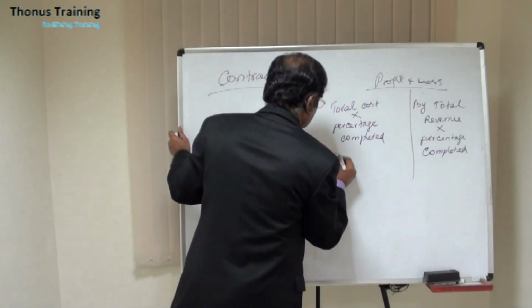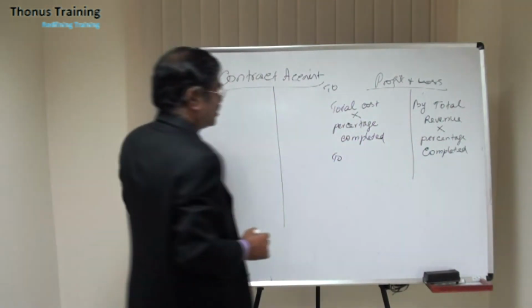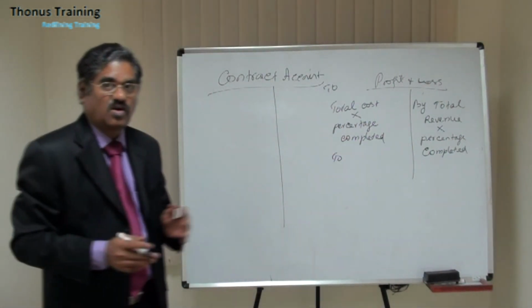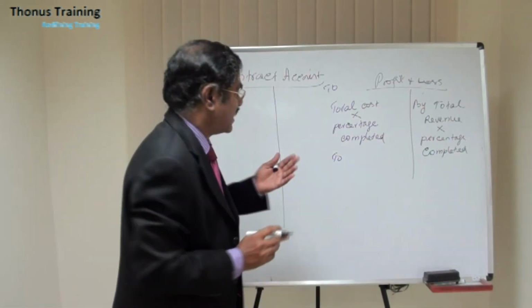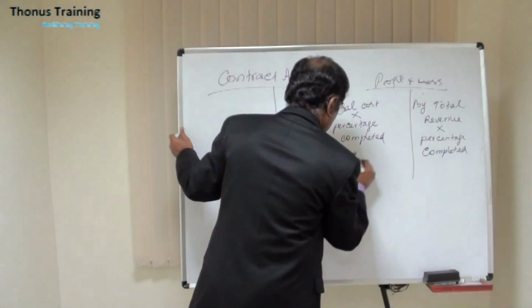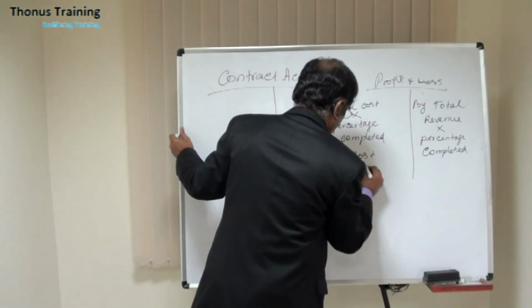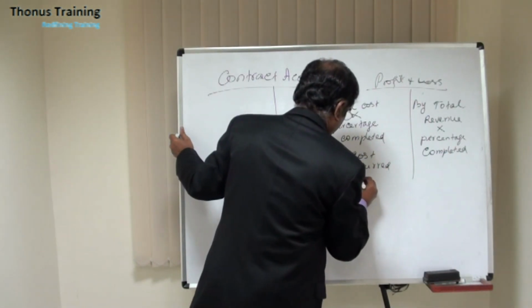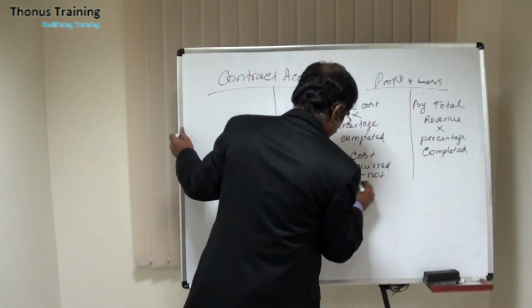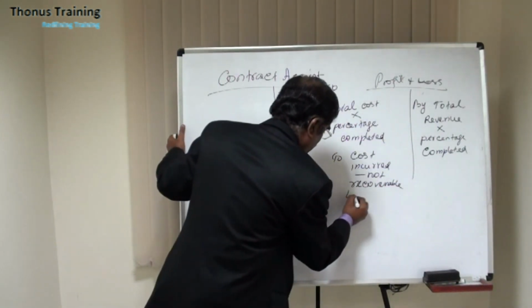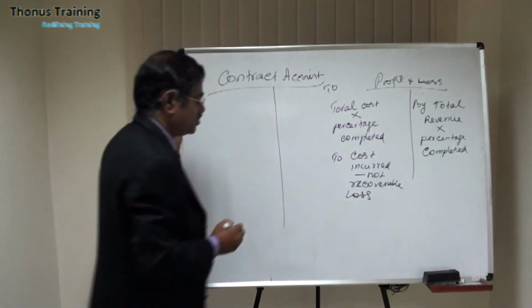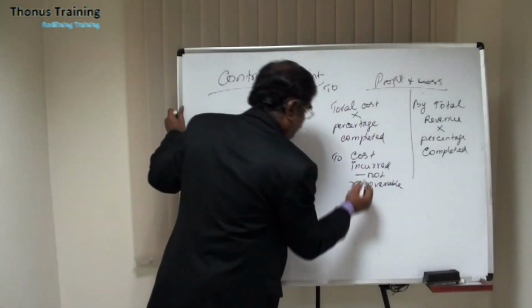Then if you expect any loss or if there is a particular expenditure that is not recoverable, then that is debited to the profit and loss account. So cost incurred that is not recoverable, or it could be a loss expected, or it could be a penalty.